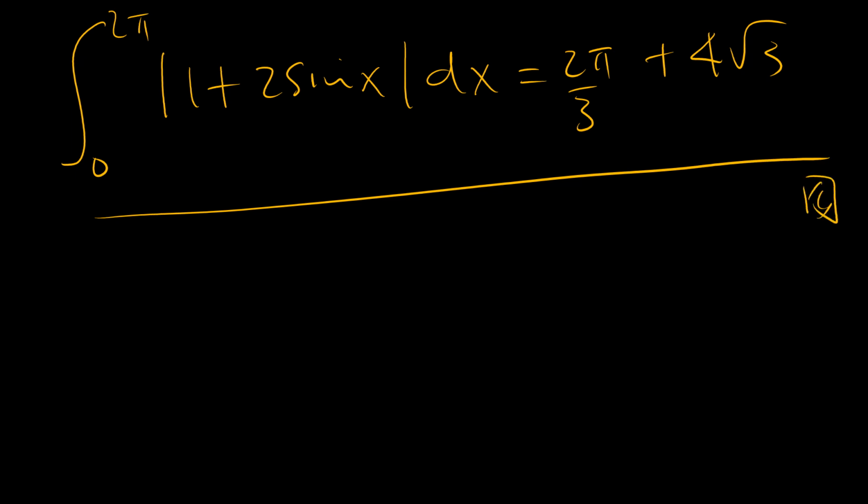I personally would like to do another method that involves plotting out the function so that it's easy to visualize where to stop and where to invoke the negative sign on the function 1 plus 2 sine x. So we are looking at method 2.